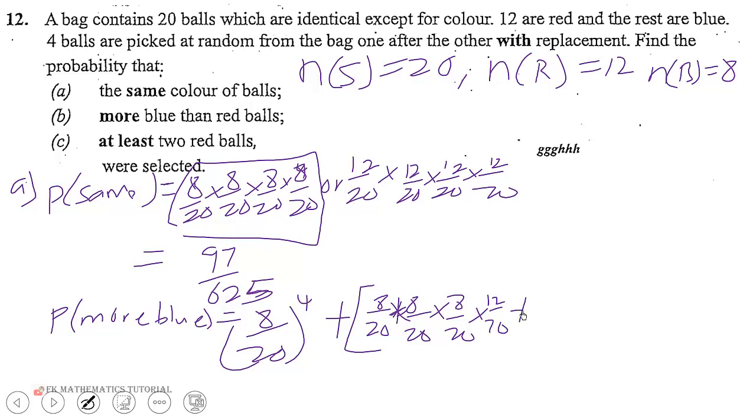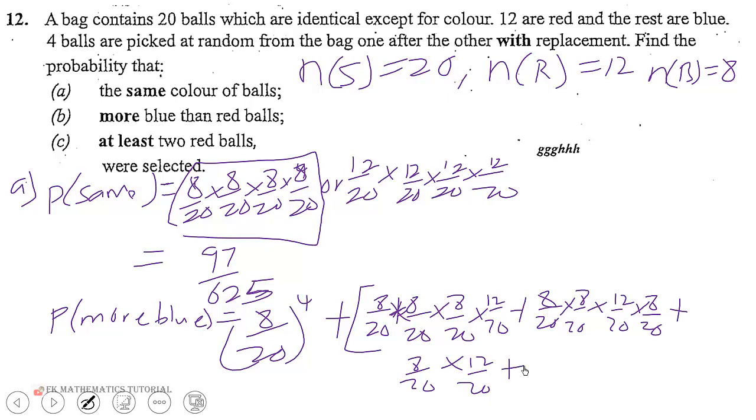Or we have first one blue, second blue, then third one red, then fourth one blue. Then we have first one blue, second one red, then we have times again, third one blue, then fourth one blue.